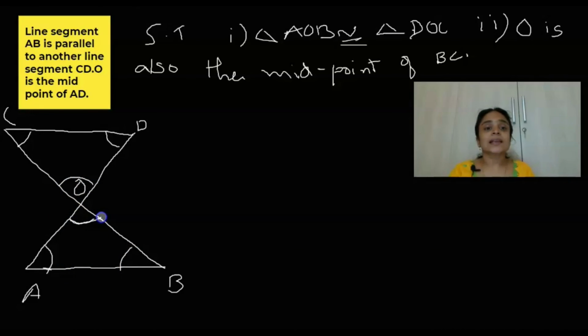So we got these two angles as equal, and these are vertically opposite angles, right? So these three angles are equal, and given that O is the midpoint of AD, so these two sides are equal, isn't it?